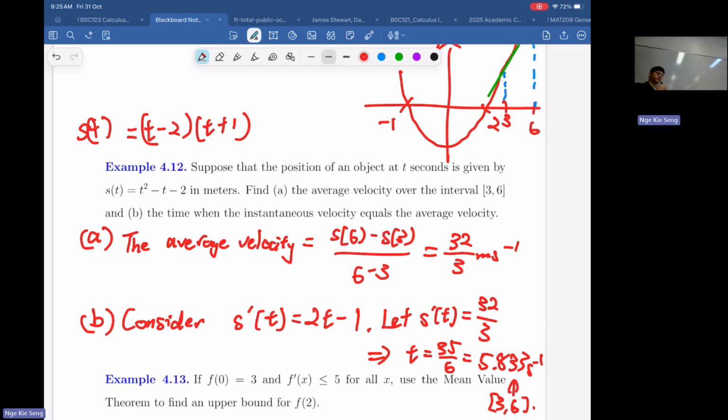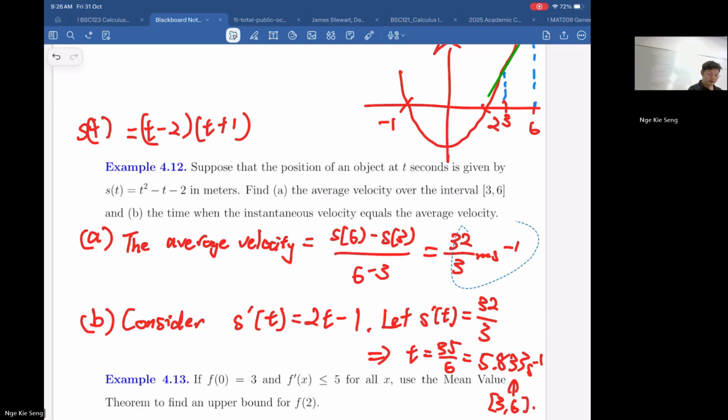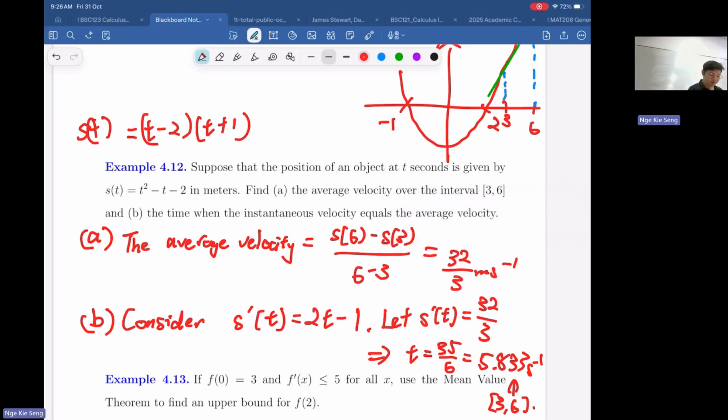Yes, question. You find 24 over 3? 24. Is it? Wait, I think I know where I went wrong here. What I did in my notes was 28 plus 4, so actually it's minus 4. Okay, good, thank you.